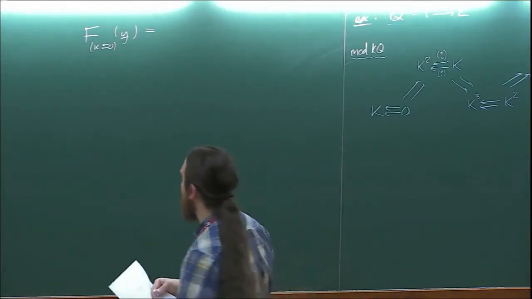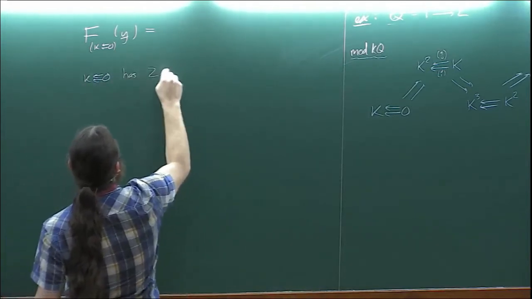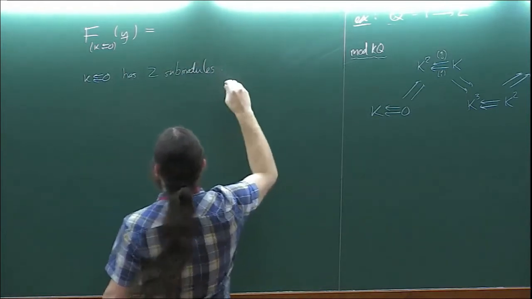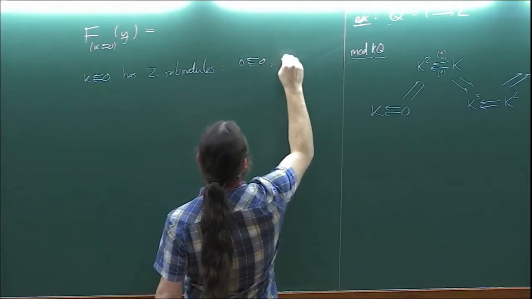So this only has 2 submodules, the 0 module and itself.